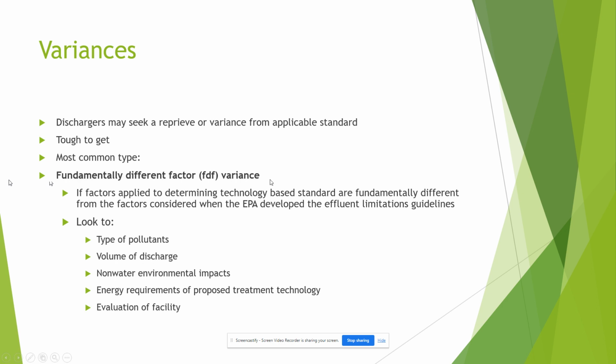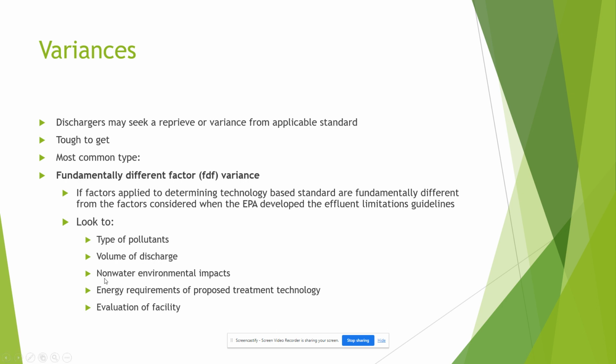Okay, so if the factors determining these technology based standards are different from what the factors considered when these effluent limitation guidelines came up, then maybe you get a variance. So they look to, what are you putting out there? What's the volume of discharge?